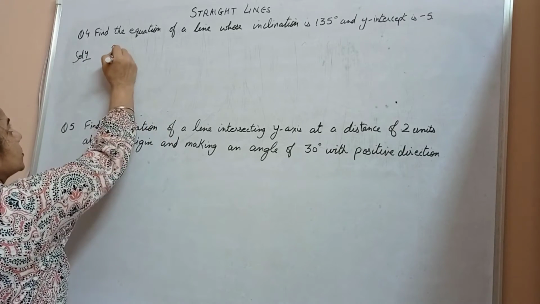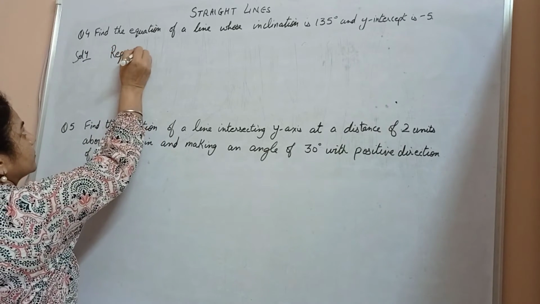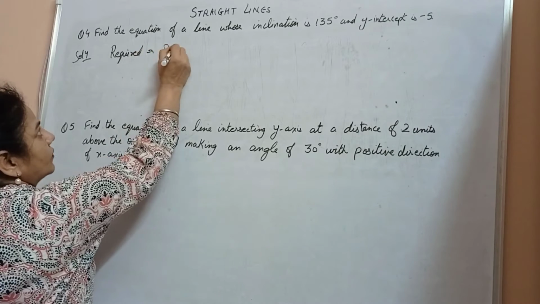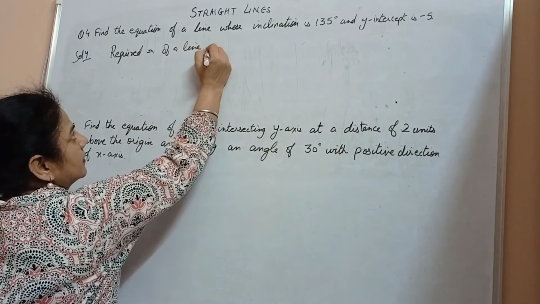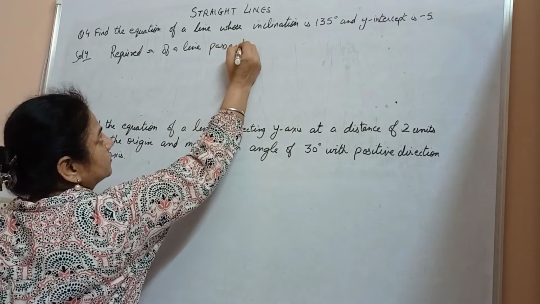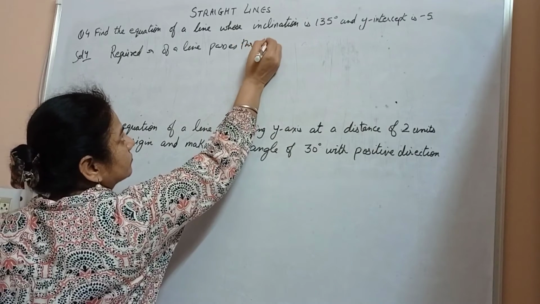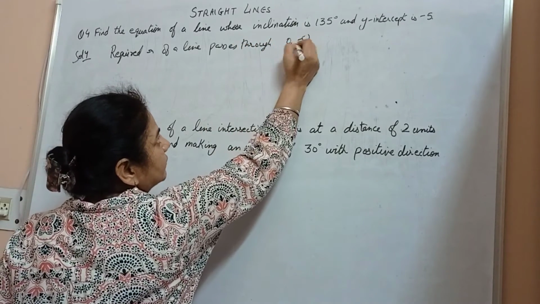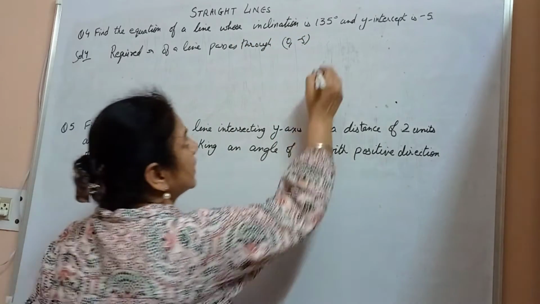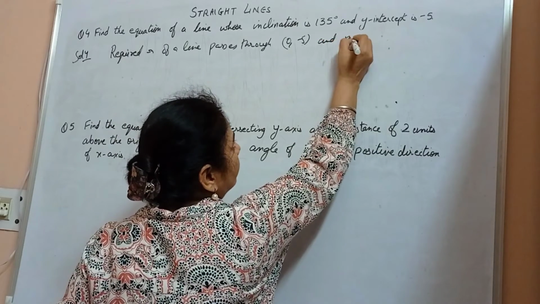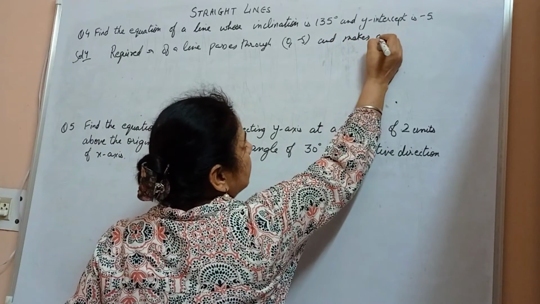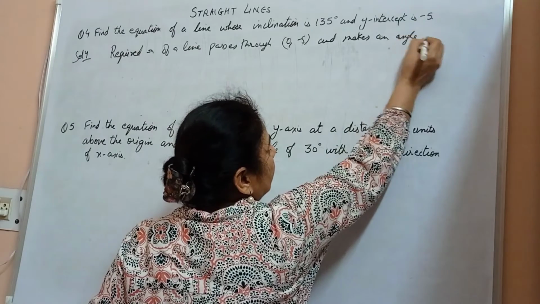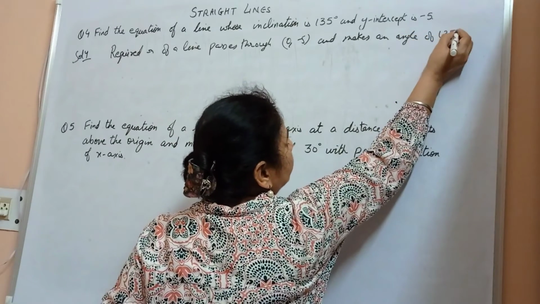So the required equation of a line passes through the point 0 comma minus 5 and makes an angle of 135 degrees.